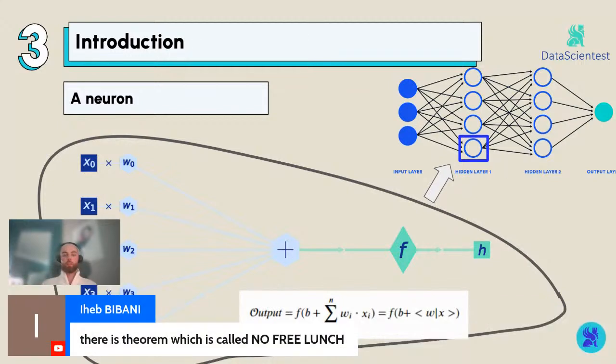Great answer. I'm just going to show this answer. The no free lunch theorem is really famous in statistics and in machine learning. It means basically that you cannot have one algorithm to rule them all. You cannot have one better algorithm for any case.